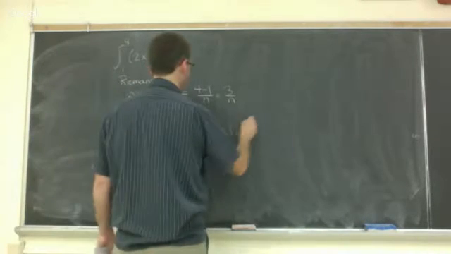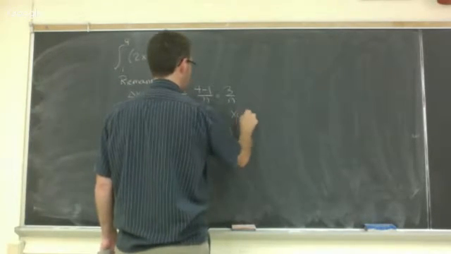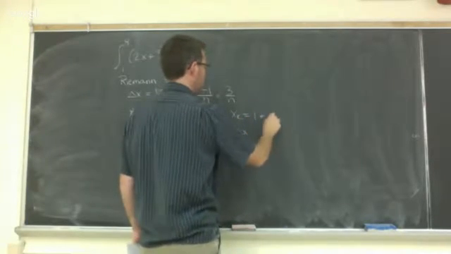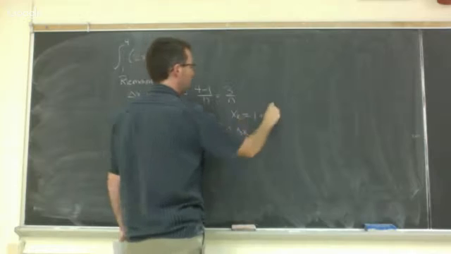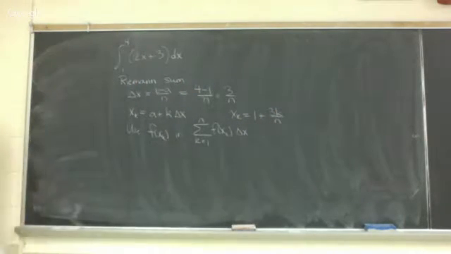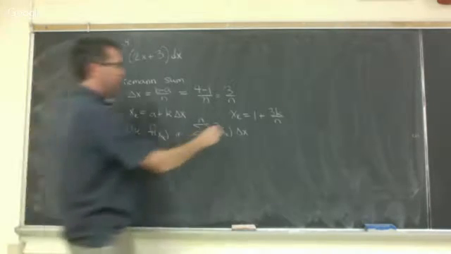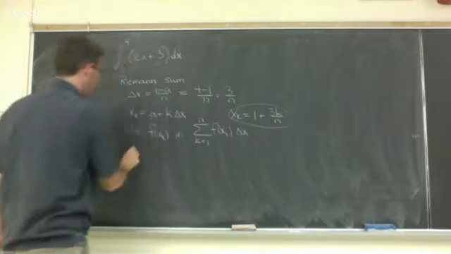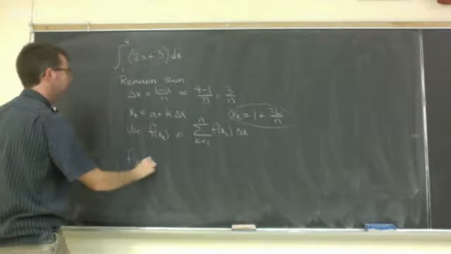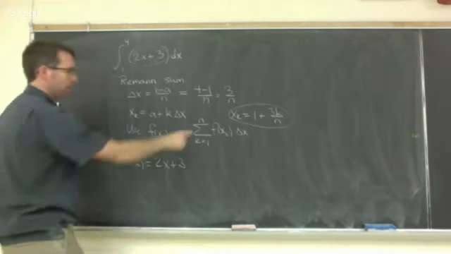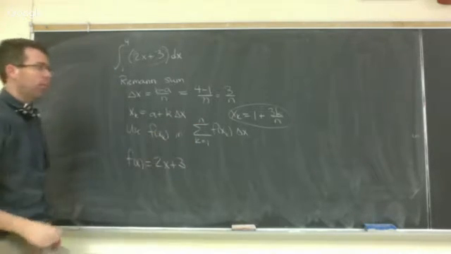And my x sub k are equal to my starting point plus k times delta x, which is 3k over n. And we're going to plug this value into my function to get a Riemann sum.